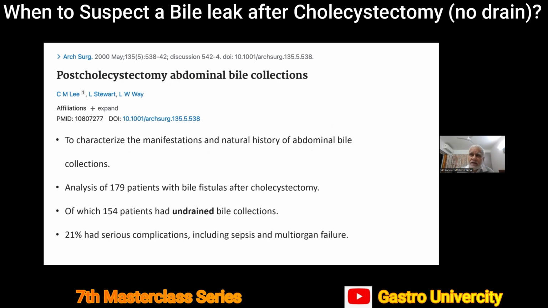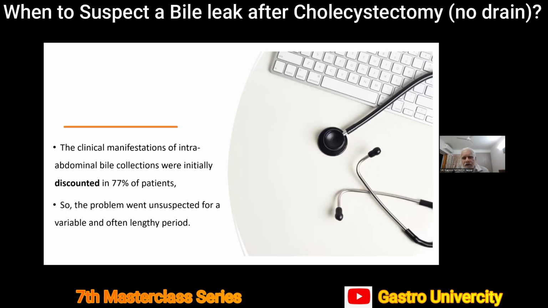And therefore, it is very important to find out if there is bile in the peritoneal cavity, because if it is there, it has to be taken out either by percutaneous radiological intervention or by surgical intervention, which could be a re-laparoscopy or laparotomy. But most cases these days do not require surgical intervention, because if you have good radiological support, interventional radiology, it can be done by percutaneous intervention.